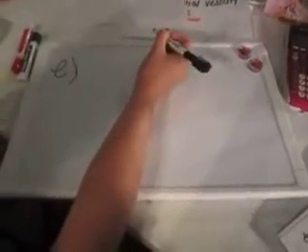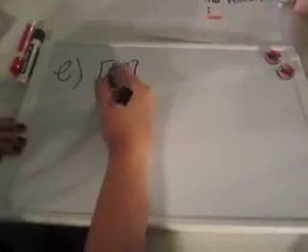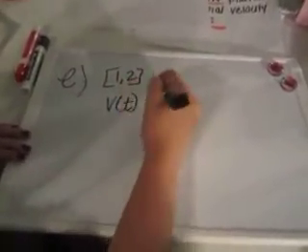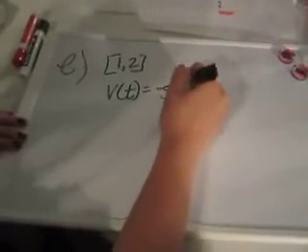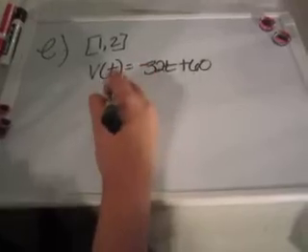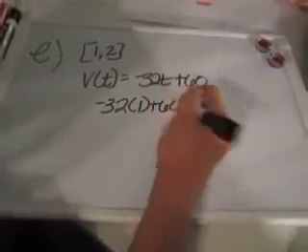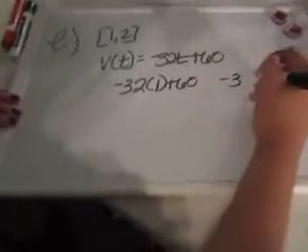Now E, trying to find the average velocity at 1 and 2. Okay, so the velocity function again, it's v(t) equals negative 32t plus 60. We plug it in. We plug the other one in.